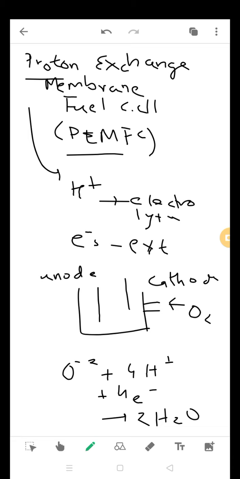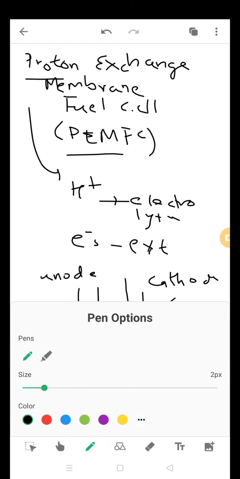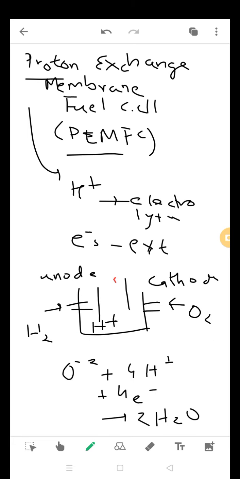However, at the anode, hydrogen gets oxidized and turns into H plus ions. Now, as we have said, there is a proton exchange membrane separating these two. So this is how the electron is flowing through the outside circuit, and this is where the proton movement is taking place.